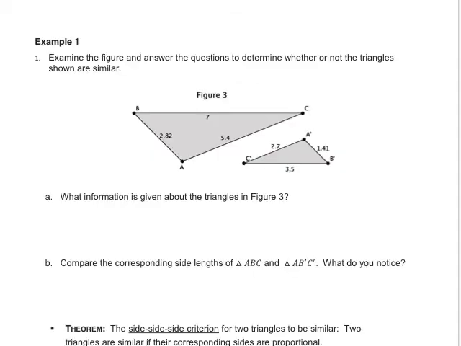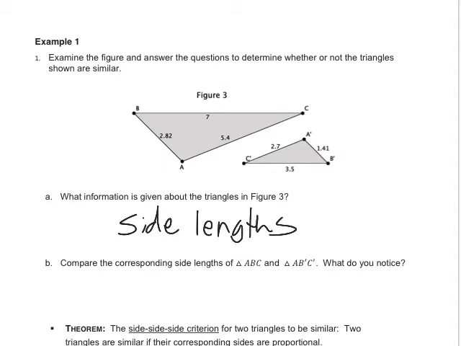So now we're going to demonstrate the last similarity theorem. If we look at this figure and answer the questions to determine whether or not the triangles are similar. Well, what information is given about that figure? And if you look, we don't have any information on the angles, but we just have all the side lengths. And that's it. Well, if we compare the corresponding side lengths, let's see what happens.